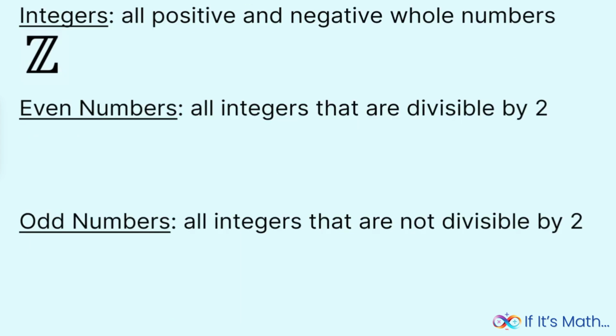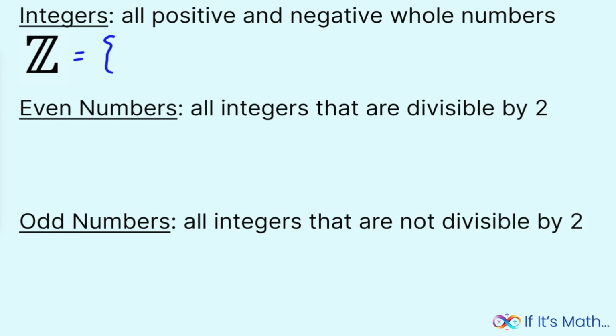So the next one, you might have already heard this term before, is integers. And these integers are going to be represented by this fancy double-lined Z. So what integers are is every positive and negative whole number. So when we did whole numbers, they were all positive. But if they were negative as well, that's going to give you your integers. So we don't have any fractions, we don't have any decimals, it's just all those whole numbers on that number line.